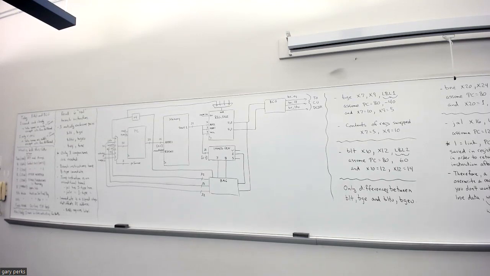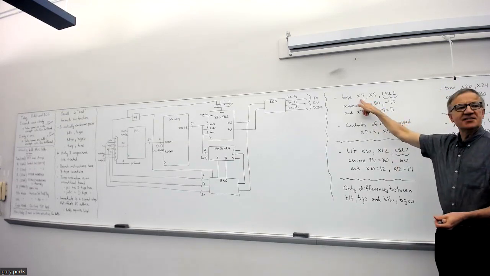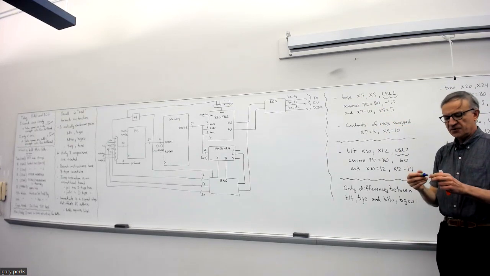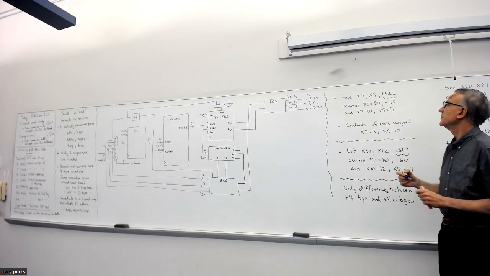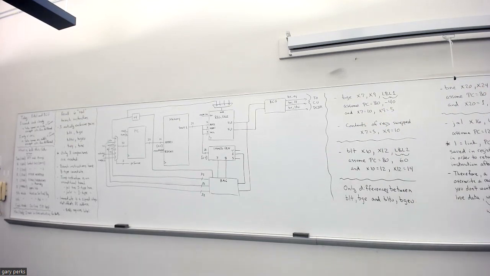So what is this instruction? Branch if greater than or equal. What is this here? Which one is it? Is that the destination register? Yeah, you gotta look at the instruction here.